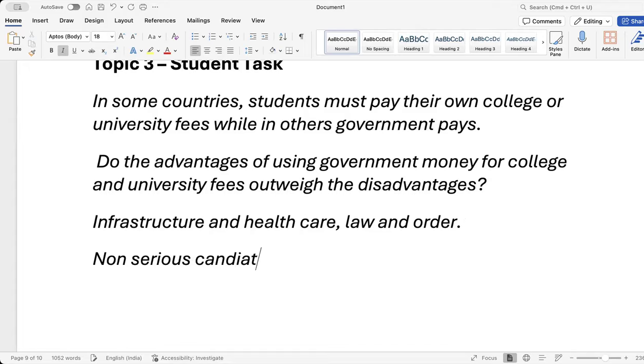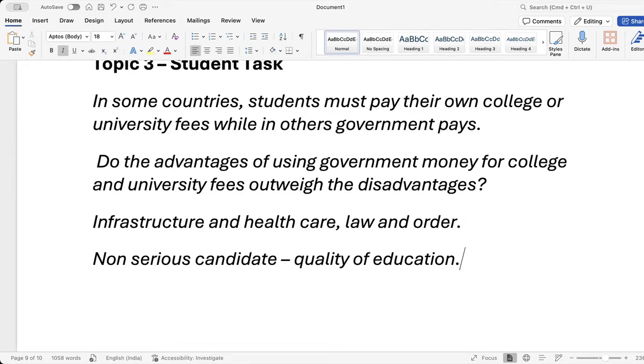Yes, sir. And what impact does this have? I would say it impacts the quality of education. Only if the student is paying do serious candidates go. If they're really interested in learning, they'll go. If the government is paying, non-serious candidates also go.